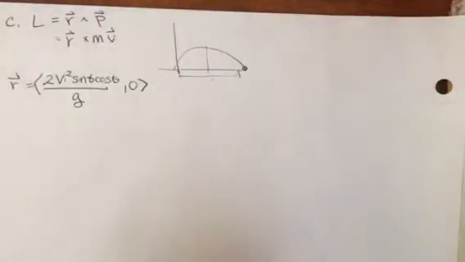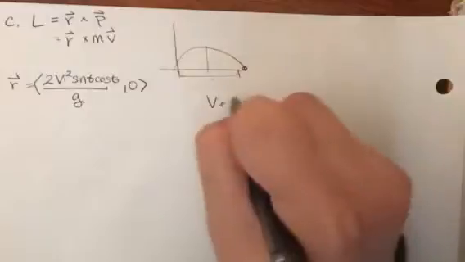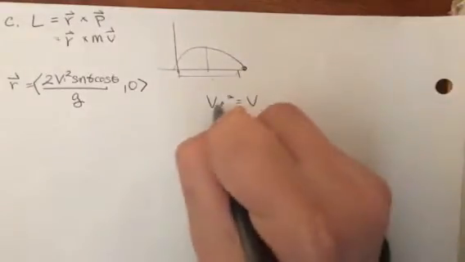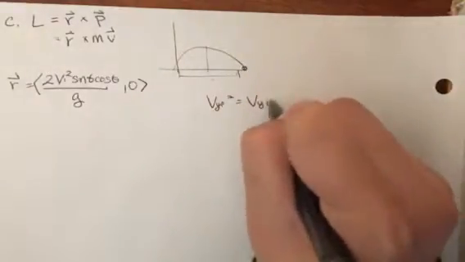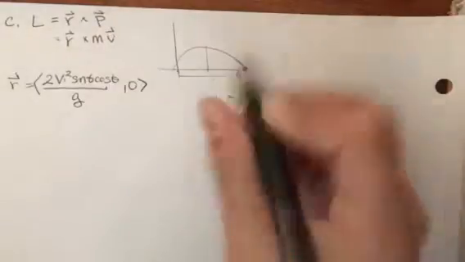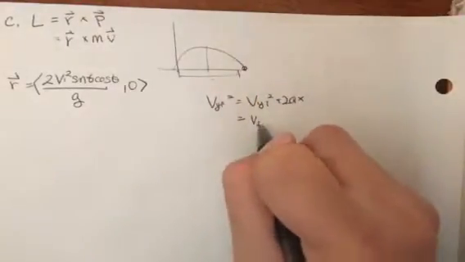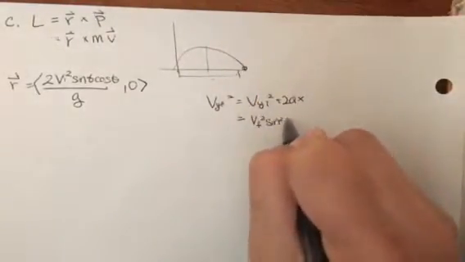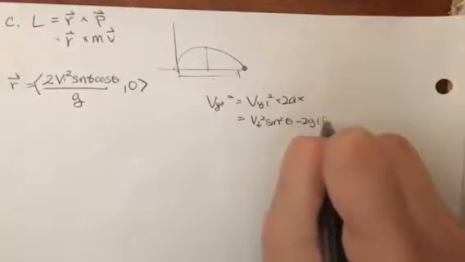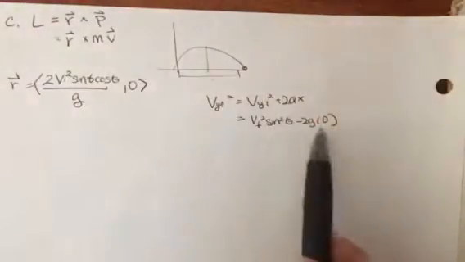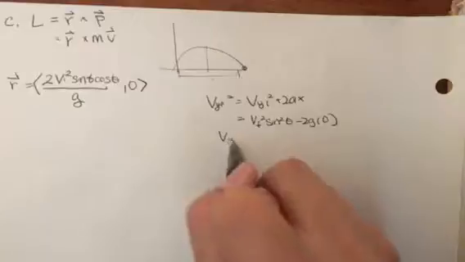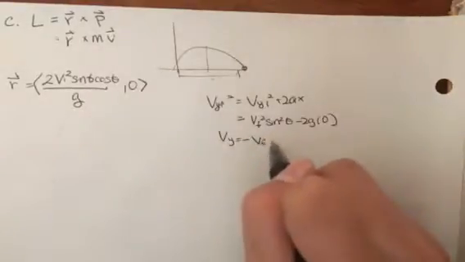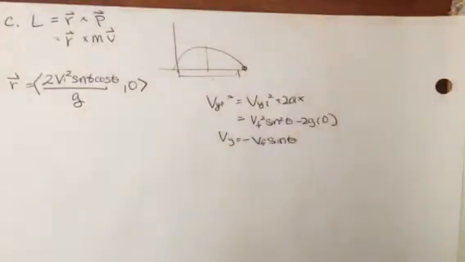Now your velocity is going to be slightly different. Velocity final, and this is the y only, squared equals V_i squared sine squared theta minus 2g times 0, because the change in the y direction is 0, gives you that V_y is equal to negative V final, like so.